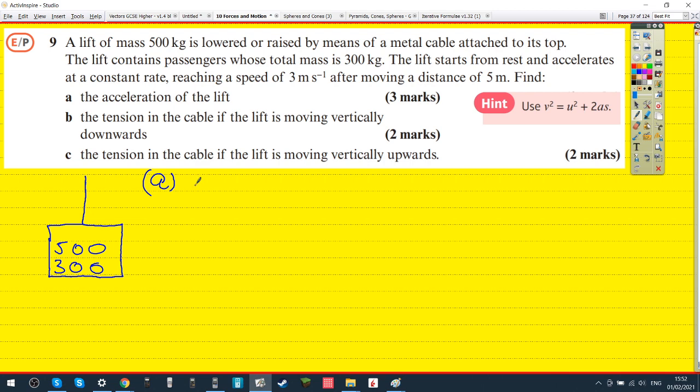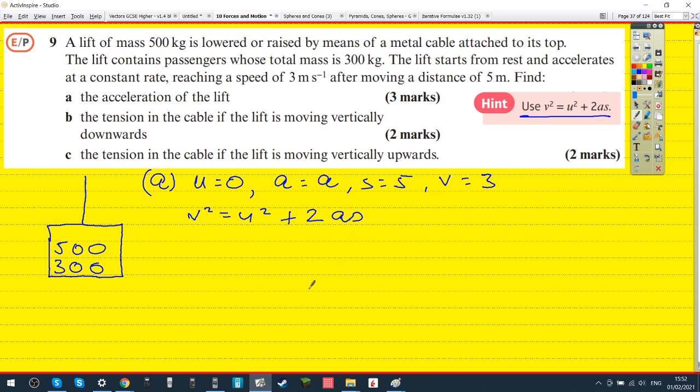So, okay, I think it's u is 0, a is a, s is 5, v is 3. Yep. Yeah, it helps us here. And so that will become, yeah, I need to sub that in now.